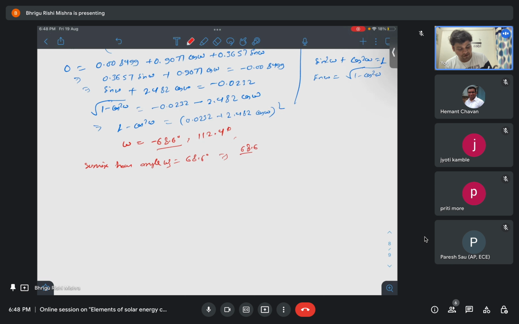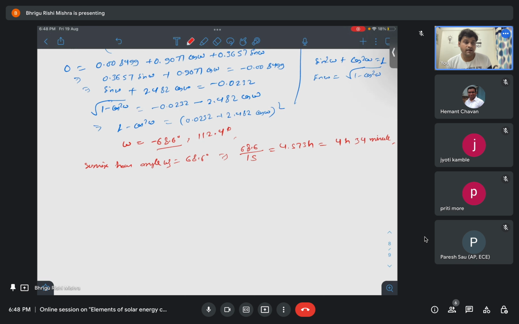Dividing by 15, 68.6 divided by 15 is around 4.57 hours, 4.5733 hours. Converting it into minutes, it is around 4 hours and 34 minutes. So this is the sunrise time.